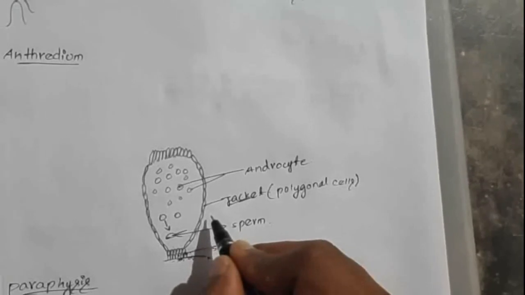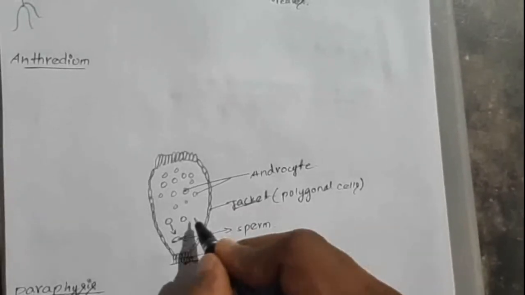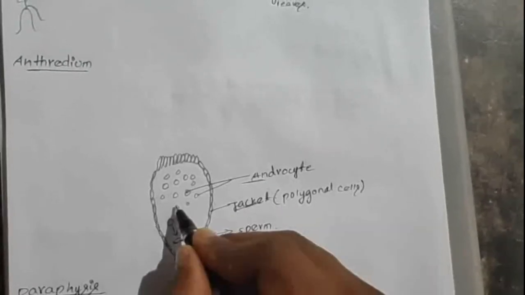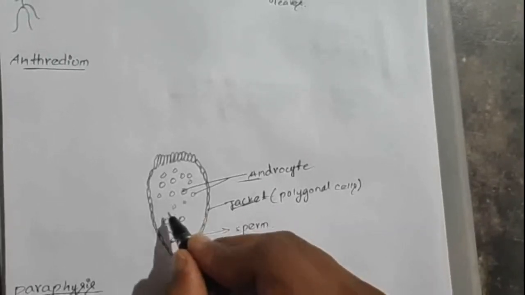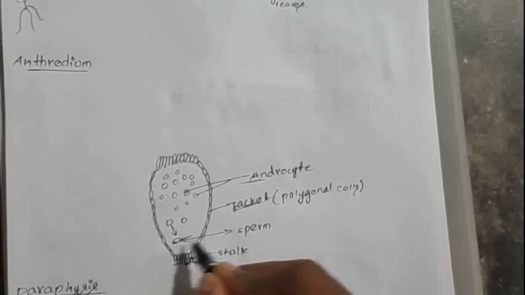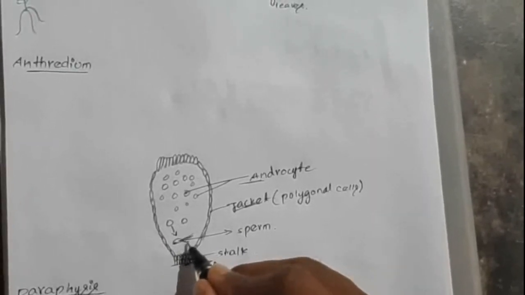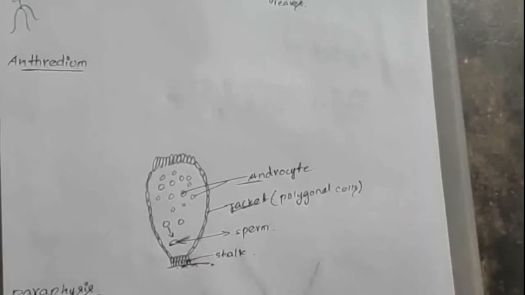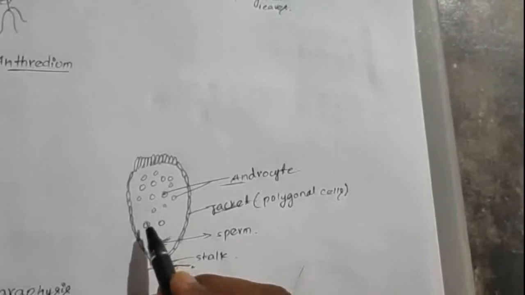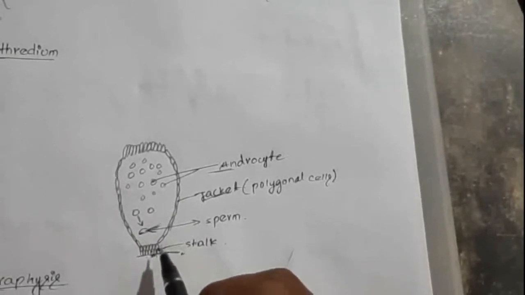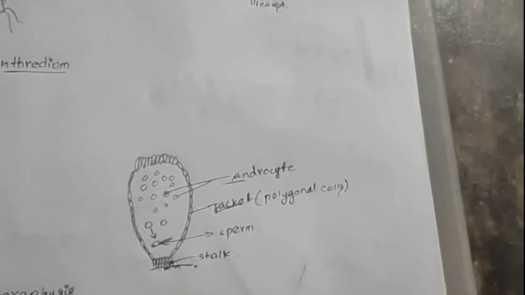This jacket helps as a protective layer, and inside the jacket are many cells known as androcytes. These androcytes won't divide but they differentiate and lead to the sperm. This sperm is biflagellate, two flagella are present. The body part of the antheridium is green when young and becomes orange-red at maturity.